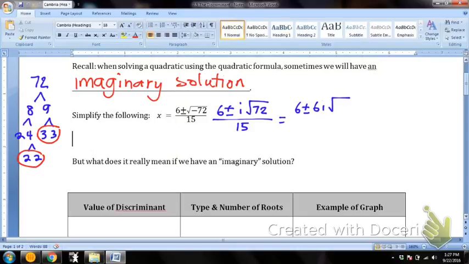And I have a 2 left, right? So what you guys have left is a 2? Yeah. Over 15. Can we reduce this at all?